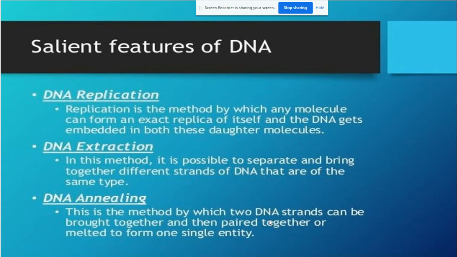DNA extraction is another salient feature. It is a method to separate and bring together different strands of a DNA that are of the same type. So we find the same type of DNA by doing the DNA extraction.